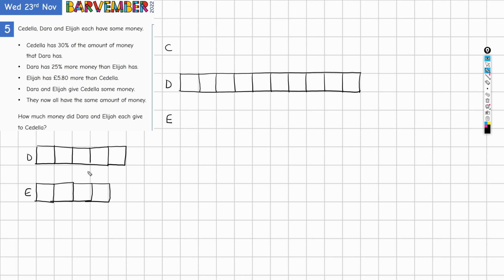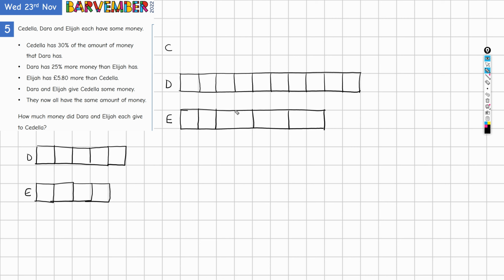And does that work with the bar that I've drawn for Dara? Well, yes, it does, because this one has 10 parts. So that means that Elijah would have, if we just expanded this model here, this would be Elijah's. And we can see that Dara has the same plus the equivalent to 25% of Elijah's.